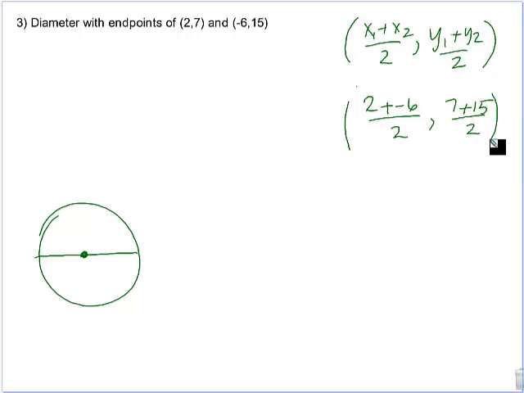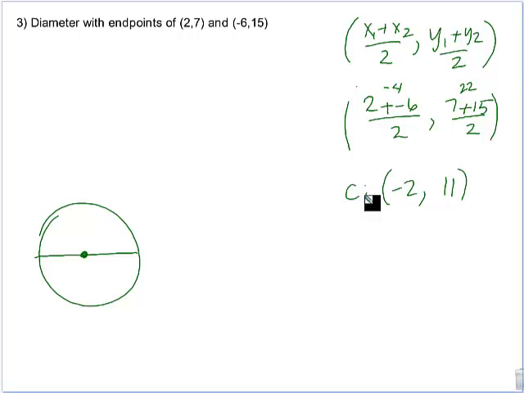Yep. 2 plus negative 6 is what? Negative 4. So negative 4 over 2 is negative 2. And then 7 plus 15? 22. 22 over 2 is 11. So that's our center.